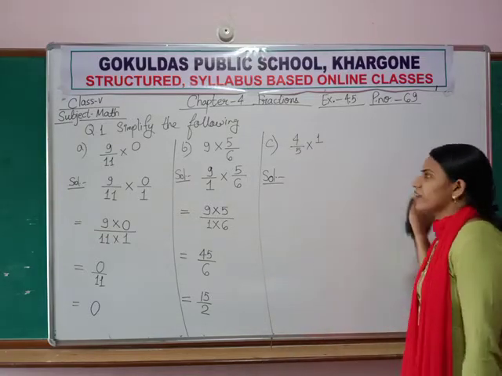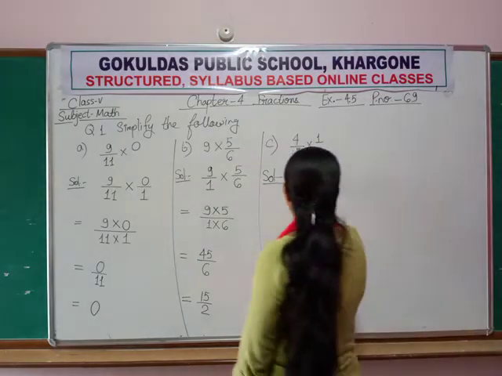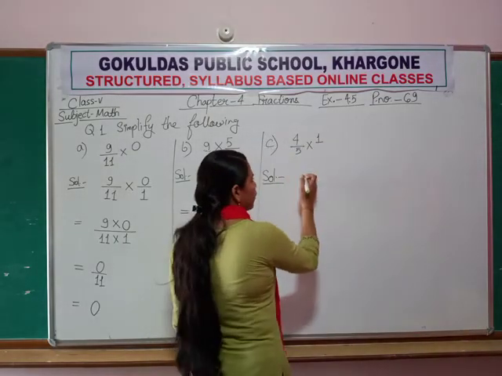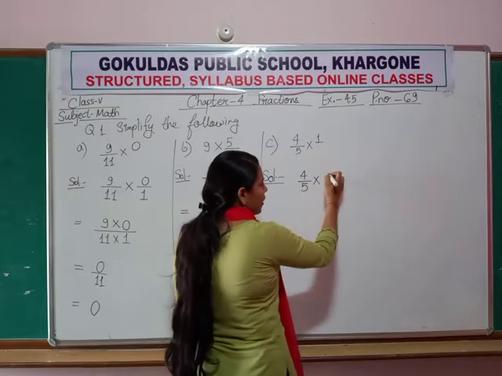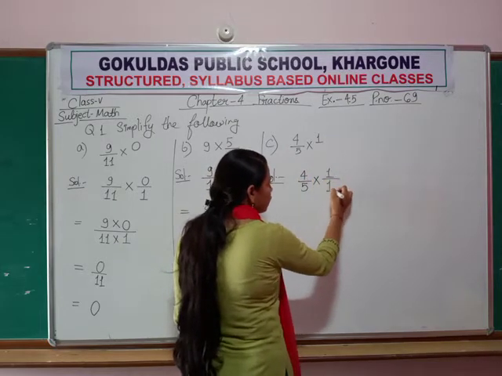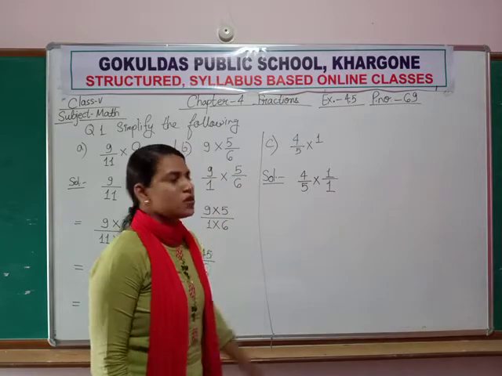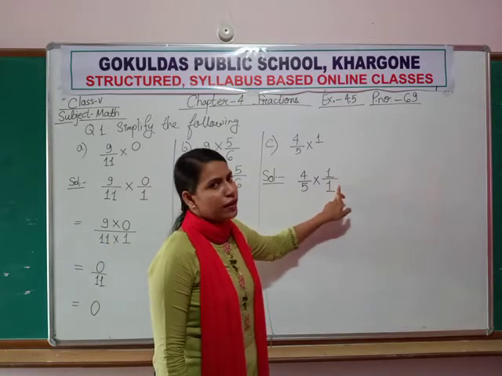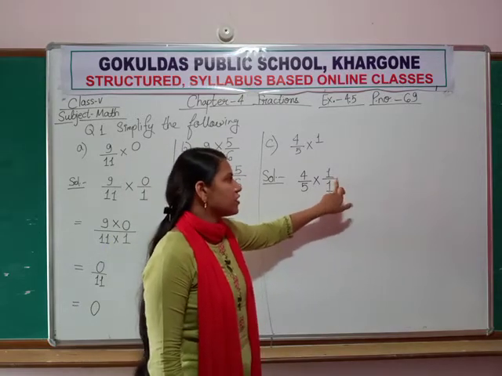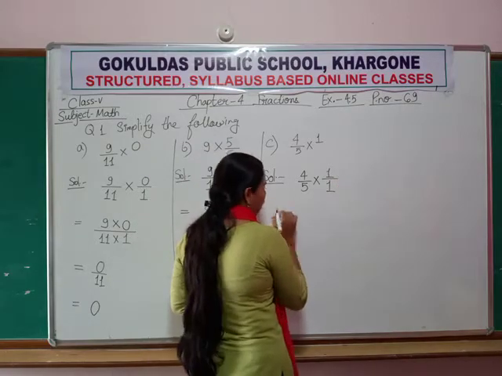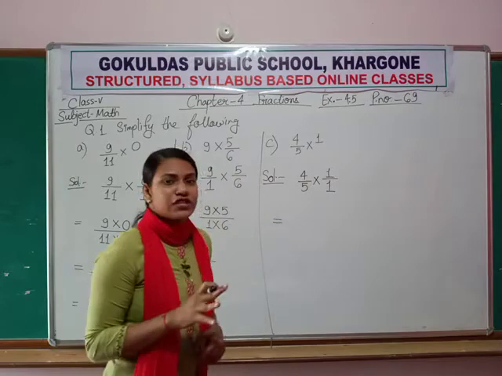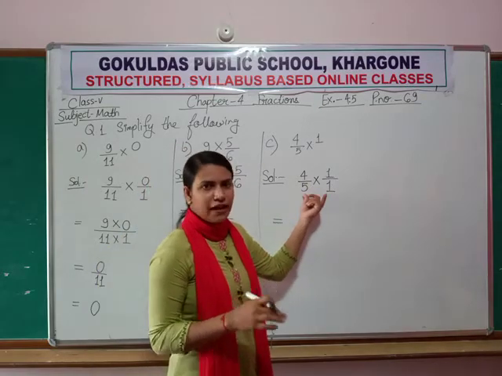So directly you can write 4 upon 5 as the answer, or you can first convert 1, a whole number, into fractional form. To convert it, I write 1 in the denominator of 1. Now we have two fractions to multiply.